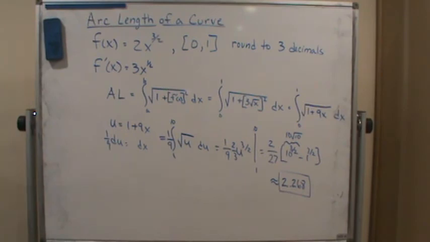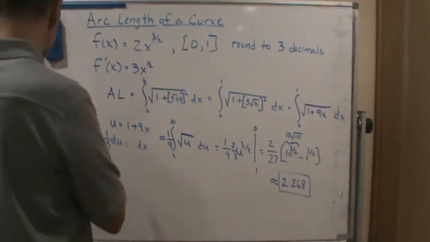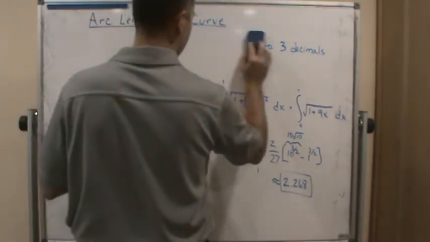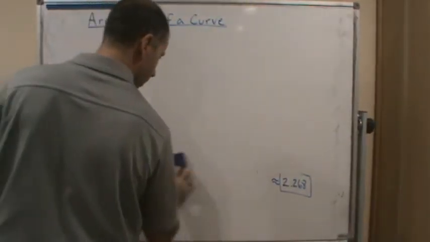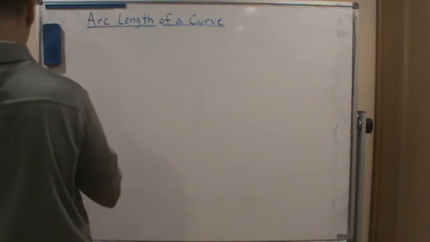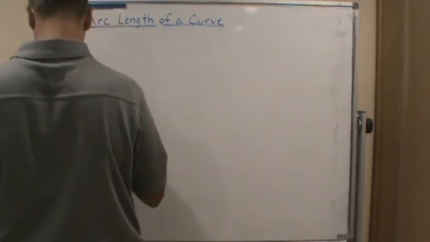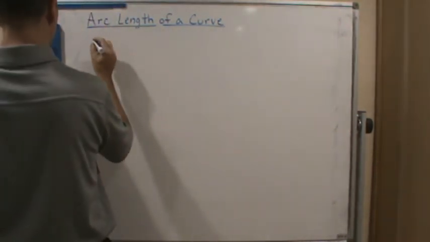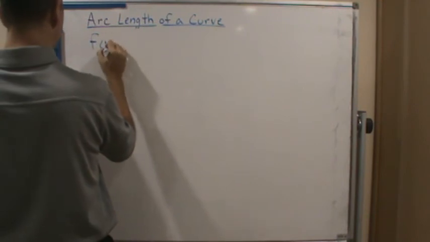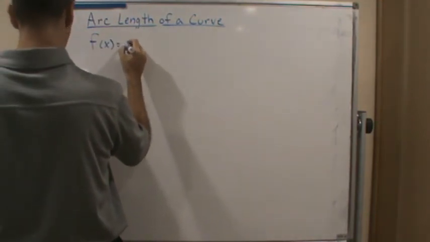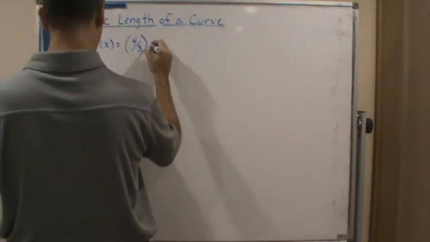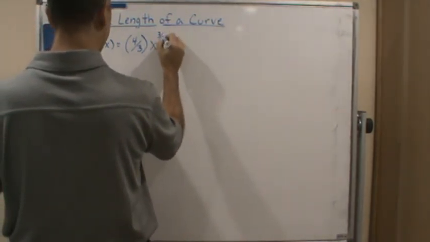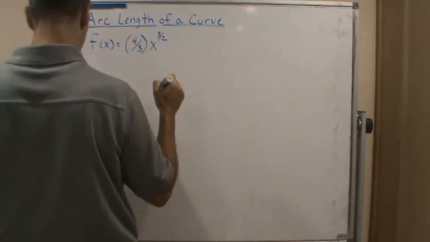Now, here's one for you. You guys try this one. Let f of x equal 4/3 x to the 3/2.